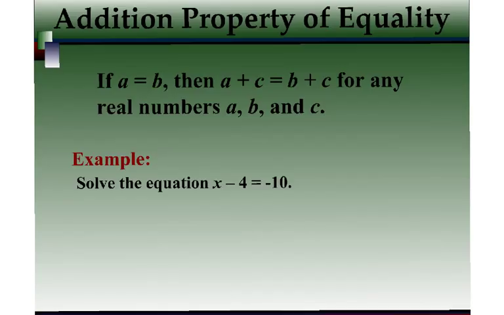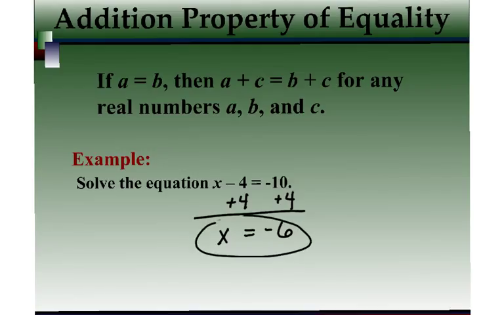And that is how we're going to end up solving for some of our equations for our variables. So here in this example, we can add 4 to both sides of this equation, and what we end up with is x on this side. The 4's cancel out, and it's equal to negative 6. So there's our solution.